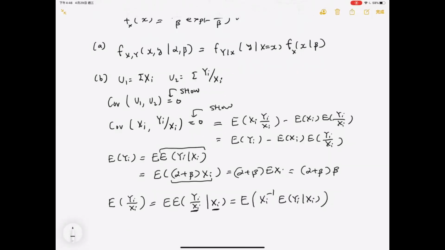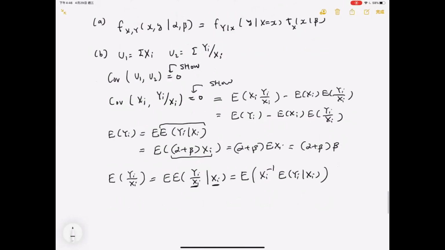Good. So that means this guy right here, E[Yi|Xi]. You do know this guy, right? This guy is alpha plus beta Xi. And then you cancel out, right? Xi cancels. You don't even have to derive any function of expectation of anything.